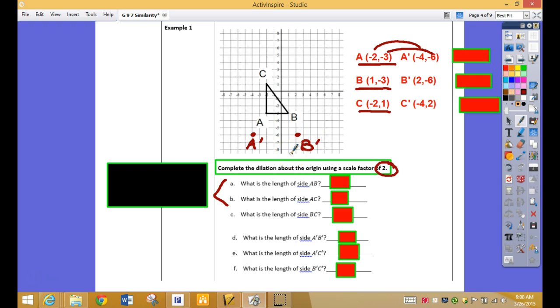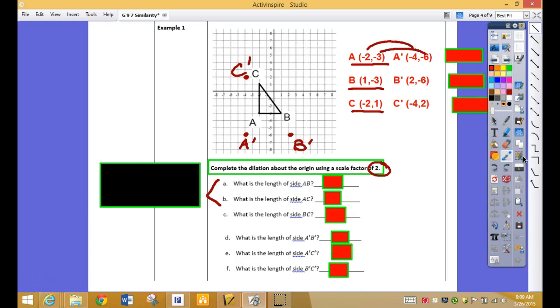And -4, 2 is our new C prime. All right, now using your straight edge, create your new image. It should look like that. A dilation with a scale factor of 2. So now looking up at this graph, let's answer the questions below.